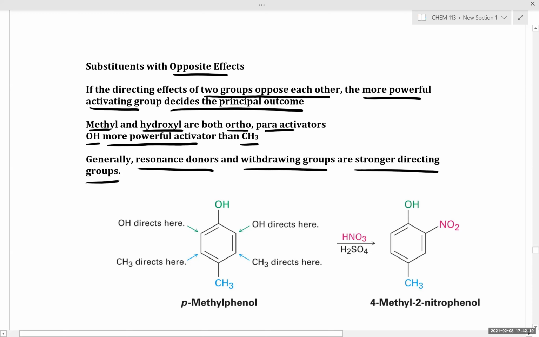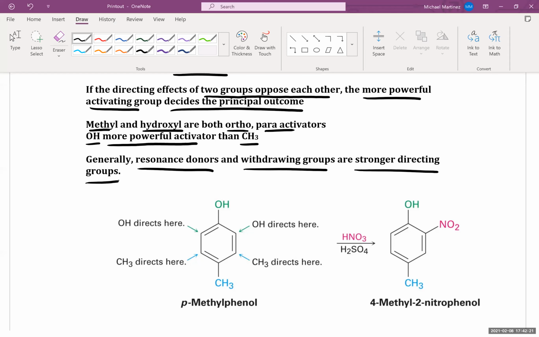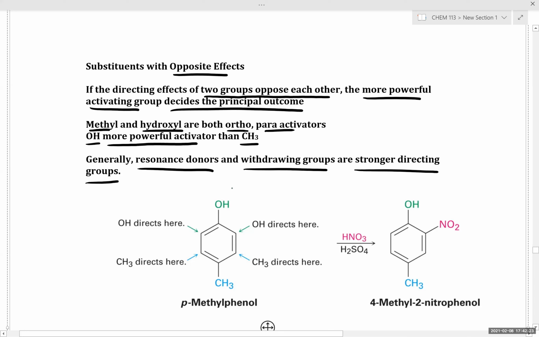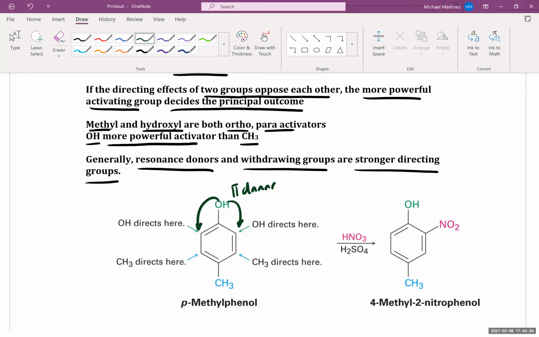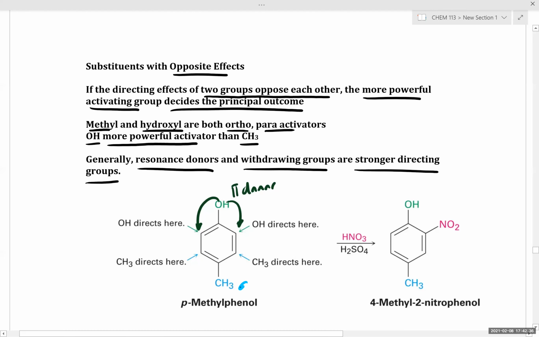So you have this push-pull dynamic. Your hydroxyl group, which is a pi donor or resonance donor, activates at the ortho positions relative to the hydroxyl group. The methyl group is a weaker sigma donor, and as a result, it has a weaker activating effect.